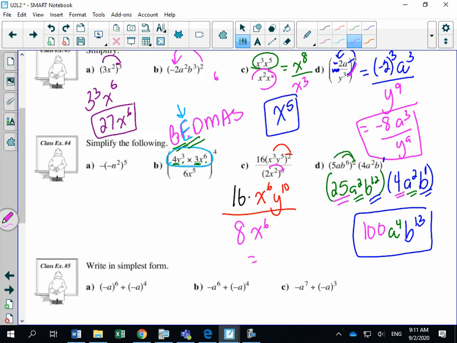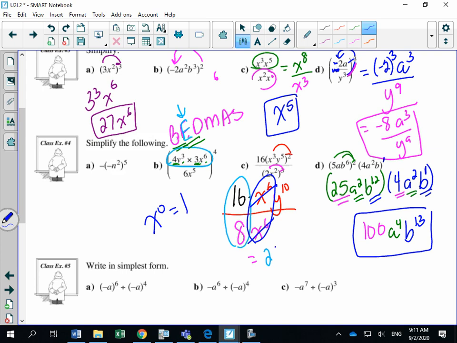Let's simplify. Deal with your coefficients first. So 16 divided by 8 is 2. Deal with this next, your x's, because bases are the same. Whenever I see x to the 6 over x to the 6, I just straight cancel that. 6 minus 6 gives you x to the 0, and anything to the power of 0 is 1, right?